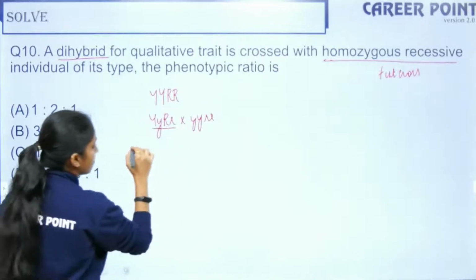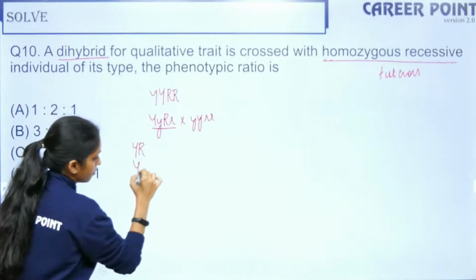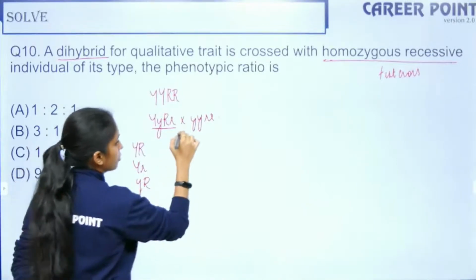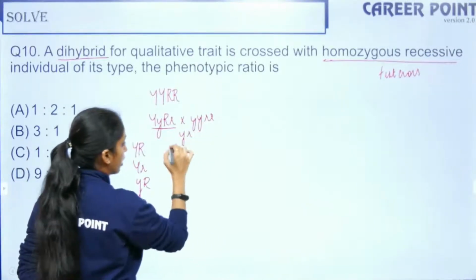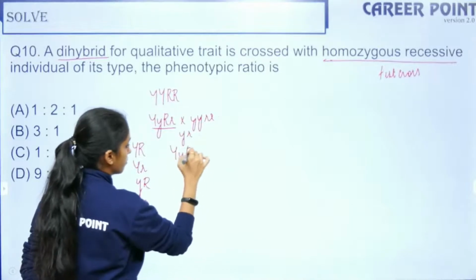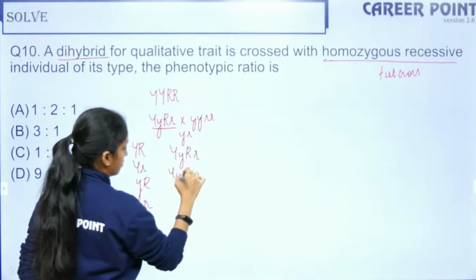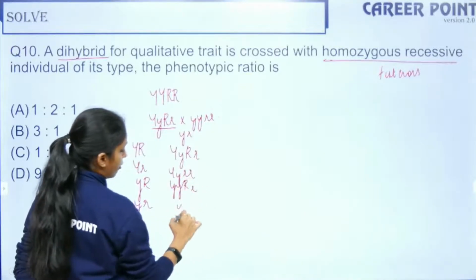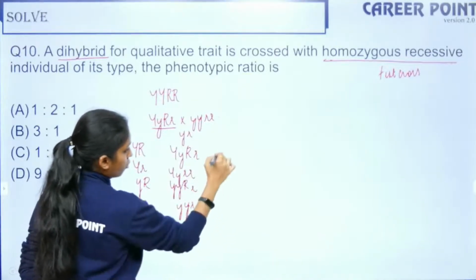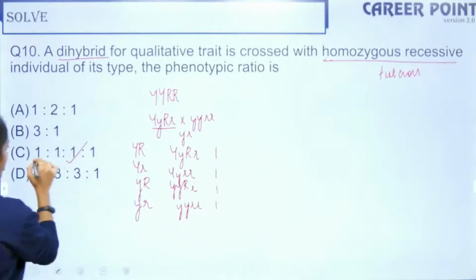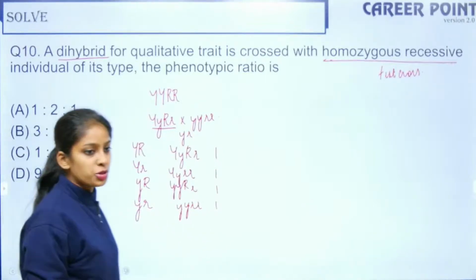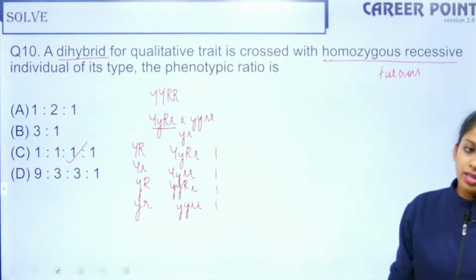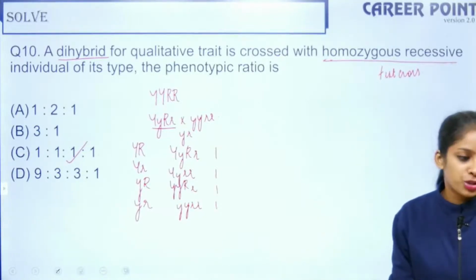So here the gametes are, only one type of gamete. So do the crossing. Each one is unique, right? So 1, 1, 1, 1. So the option is C. Yes, it's a test cross. Absolutely right.